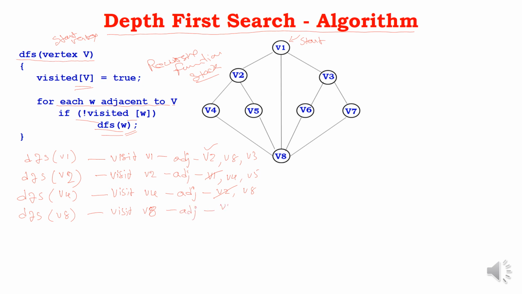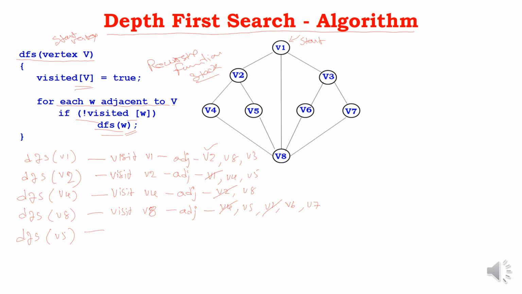Visit V8. What are adjacent of V8? V4, V5, V1, V6, V7. V4 is already visited. V1 is already visited. The remaining unvisited vertices are V5, V6, V7. We select the first one normally and we call DFS V5.